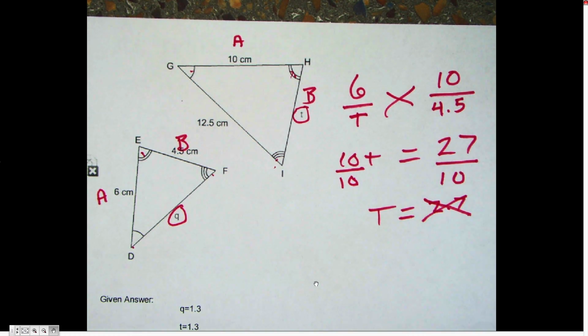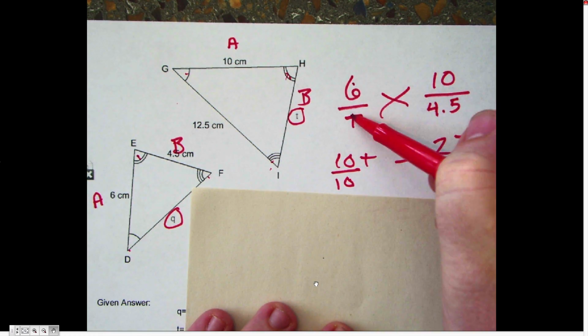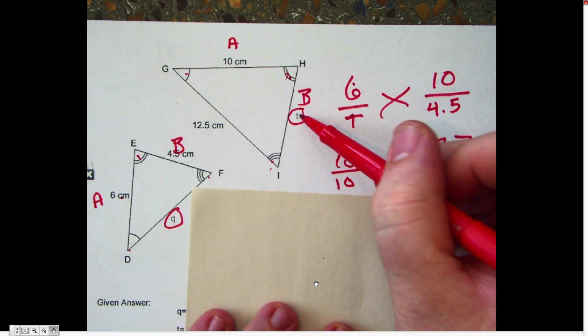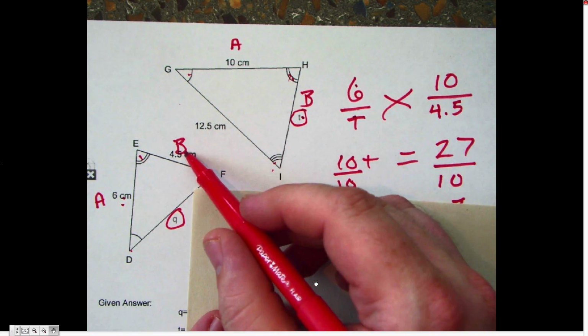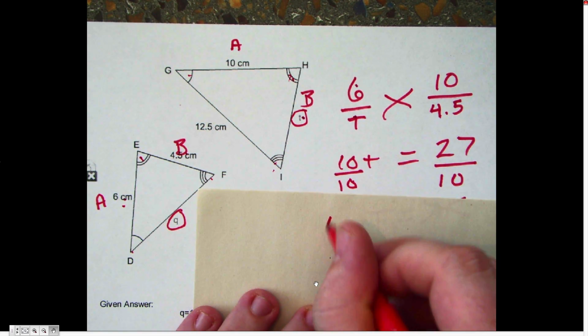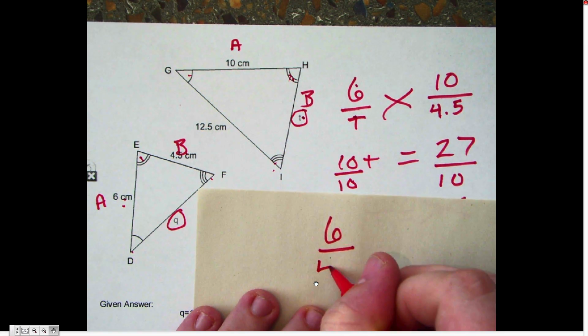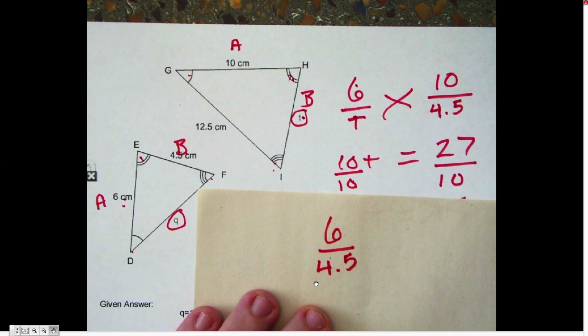Okay? 6 and T are not on the same triangle. Okay? 6, A and B are on the same triangle. So I have 6 over 4.5.